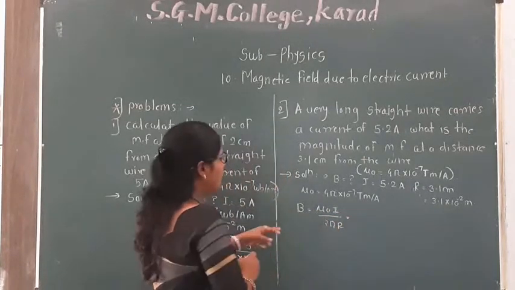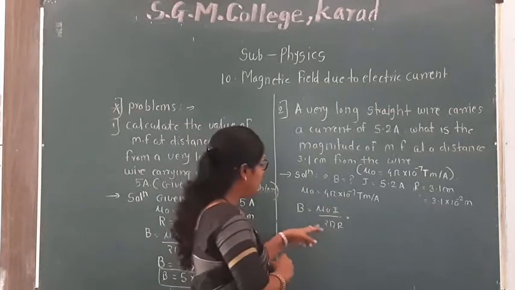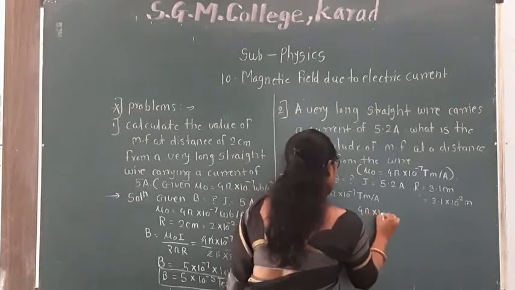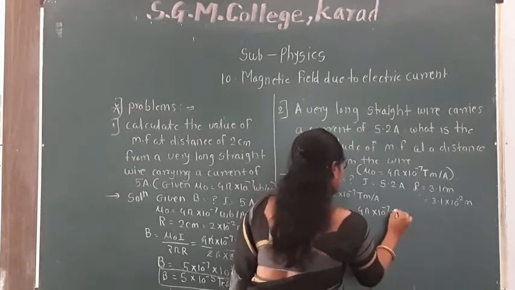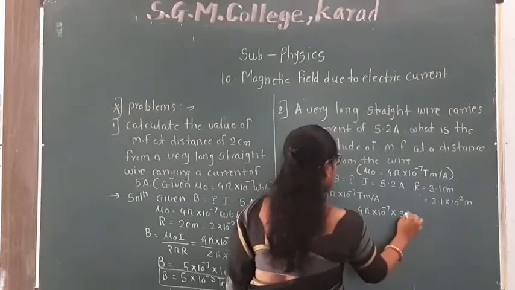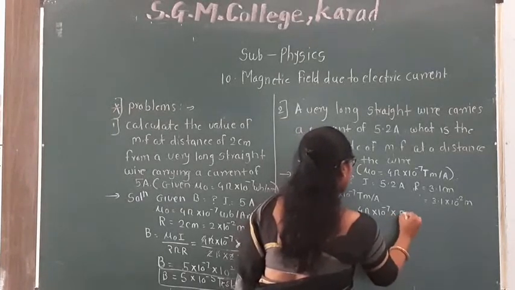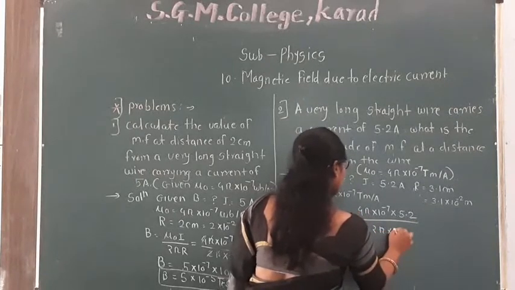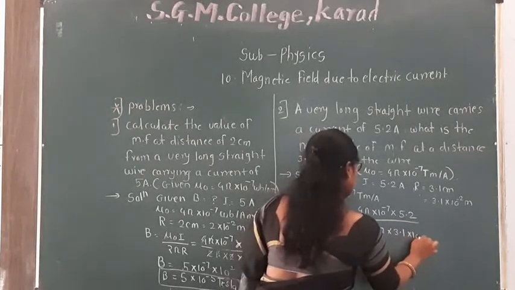Substitute the values of all these quantities, we get 4 pi into 10 raised to minus 7 into 3.1. Here I's value is 5.2, sorry, and 2 pi into 3.1 into 10 raised to minus 2.